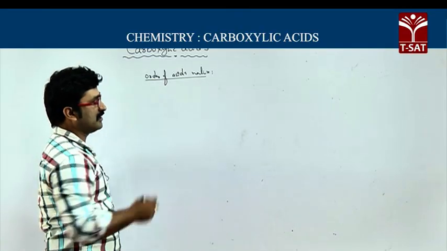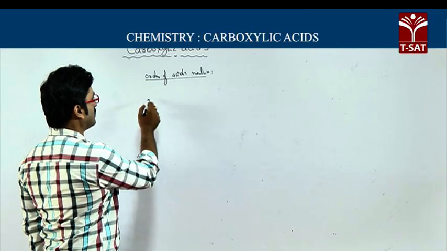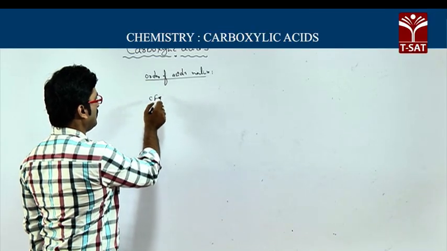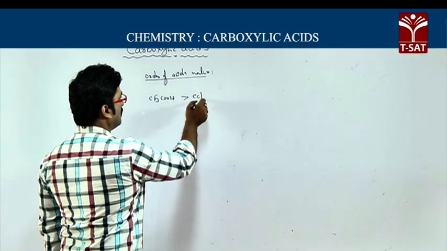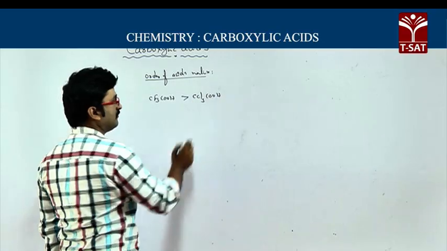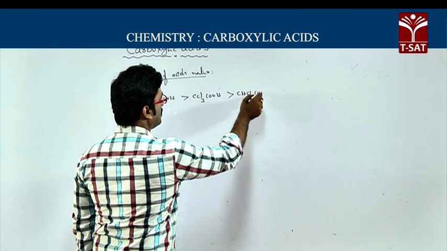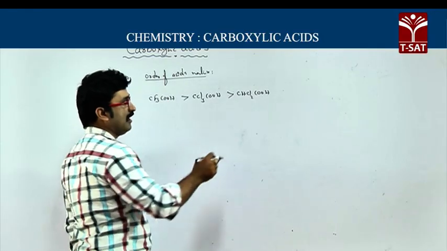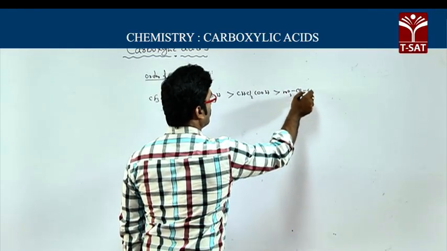Now, just now I said the most acidic carboxylic acid is trifluoroacetic acid, CF3COOH. Next comes trichloroacetic acid. Next comes dichloroacetic acid. Next comes nitroacetic acid.